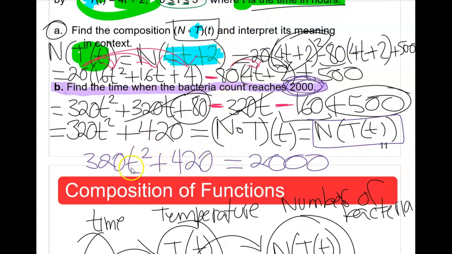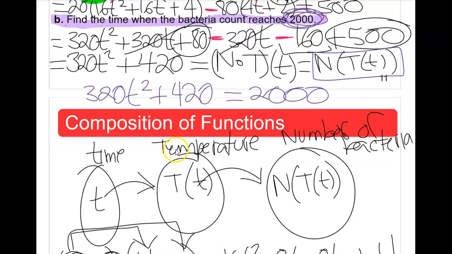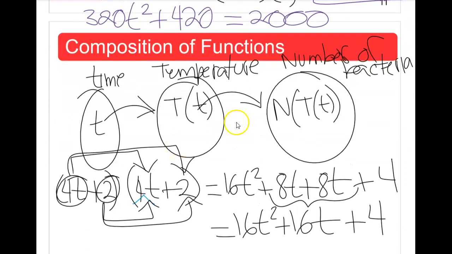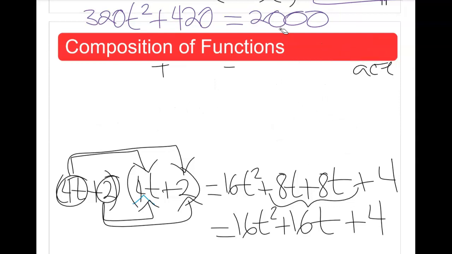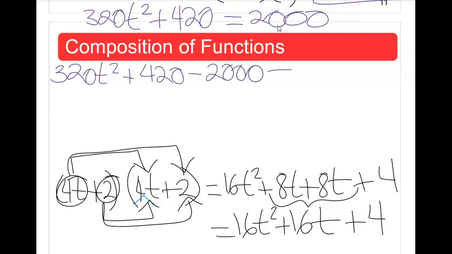Now, to solve a quadratic equation, we could use the factoring method, or any other way, but we have to make sure that one side is equal to 0. So I'm going to use the space here. That will be 320t squared plus 420 minus 2000, and so that will equal 0.